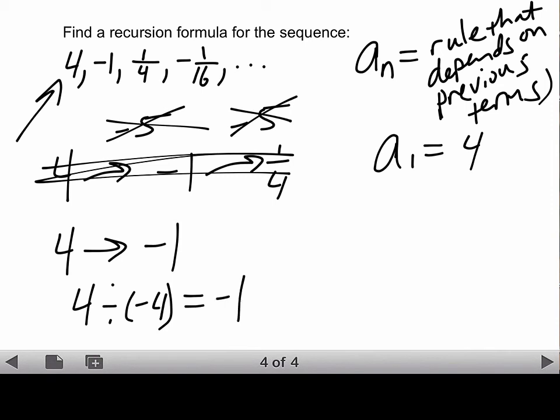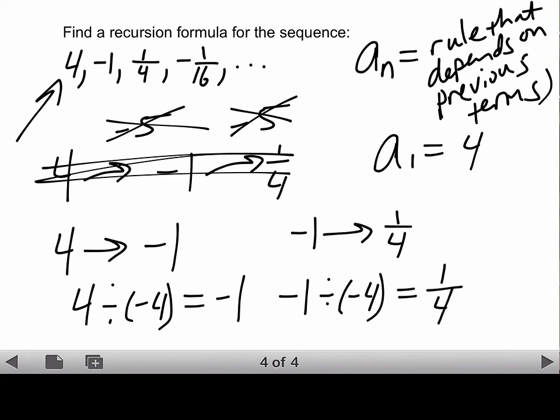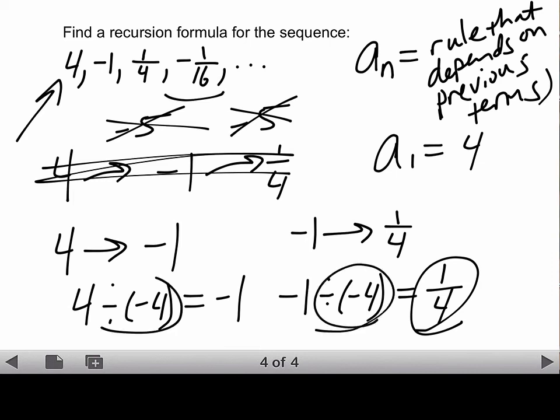Okay, that's cool. Does the same rule work to get me from negative 1 to 1/4? Negative 1 divided by negative 4 does indeed give me 1/4. And then a quick mental check tells me if I take that 1/4 and divide it by negative 4, I get negative 1/16. So it seems the rule is dividing by negative 4.